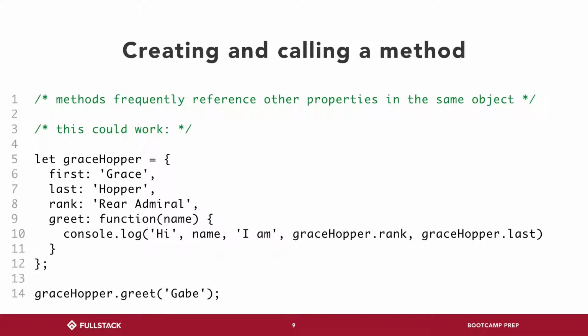So it will log out the same thing, but in this case, we're actually using the properties that are on this object, which means that after line 14, I could say, hey, gracehopper.last is now equal to some string, whatever. And if I call greet again, it will reflect the updated change and the new value that's inside of the object. Does that make sense?